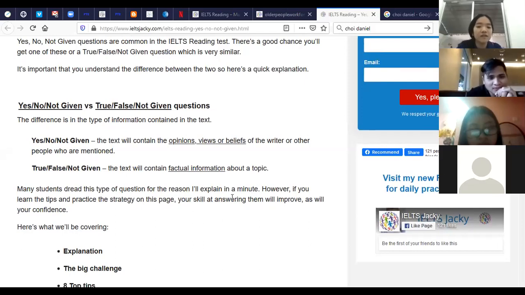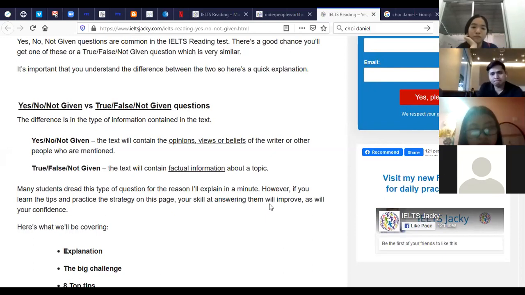So yes, no, not given and true, false, not given, even though they look the same in terms of format, are slightly different in terms of how you answer the text. Because for true, false, not given, we get the actual information on the topic in the passage.